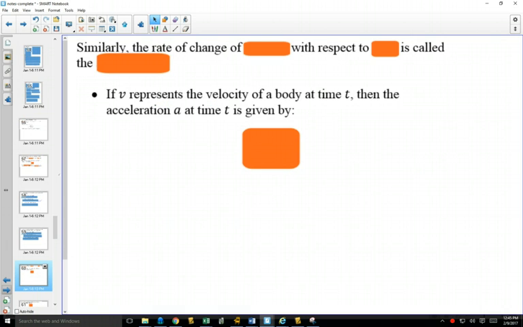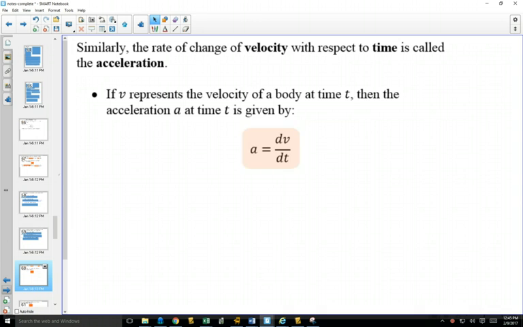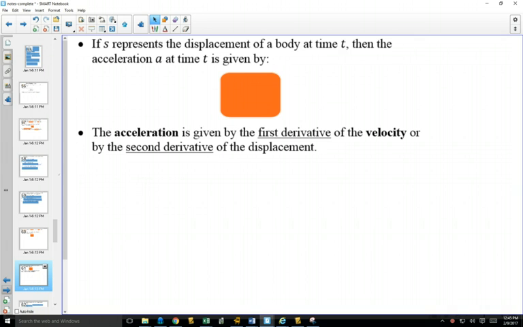So we talked about it already. If we take the derivative or the rate of change of velocity with respect to time, that's acceleration. So our acceleration is dv dt. Go too fast?